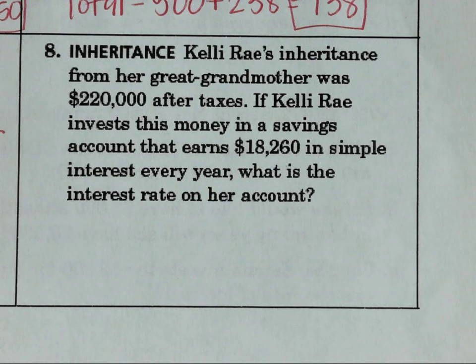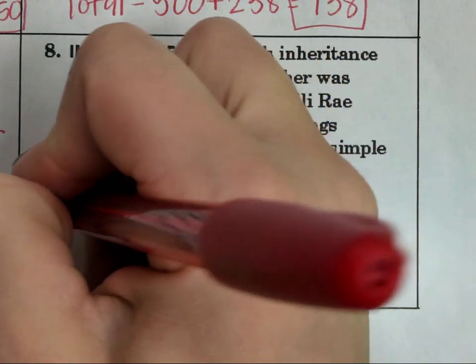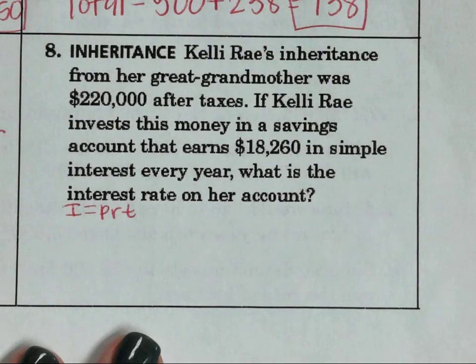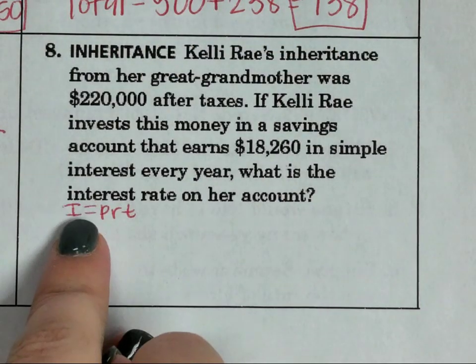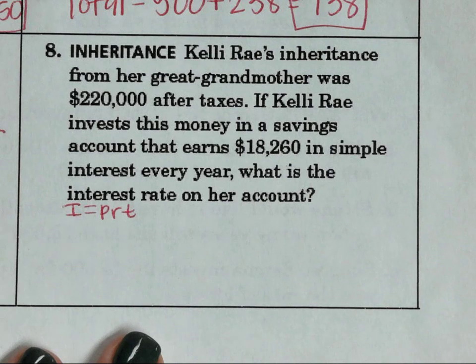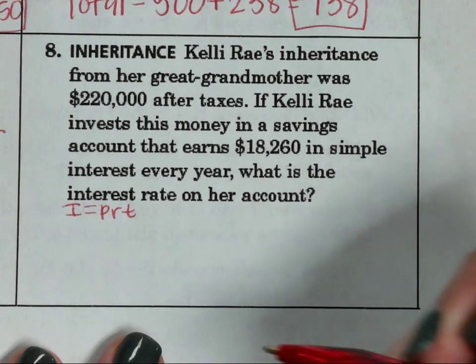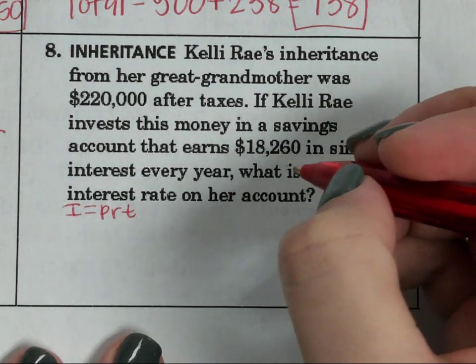If Kelly Ray invests this money in a savings account that earns $18,260 in simple interest every year, what is the interest rate on her account? It's asking what is the interest rate. So out of these variables, which one stands for interest rate? R. So I'm solving for R in this problem.